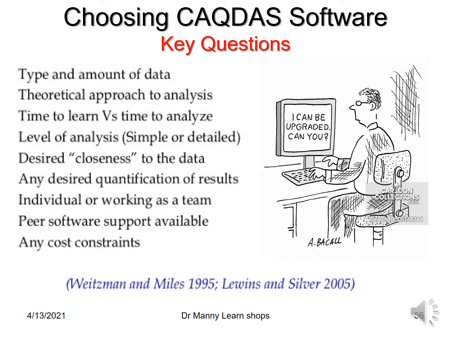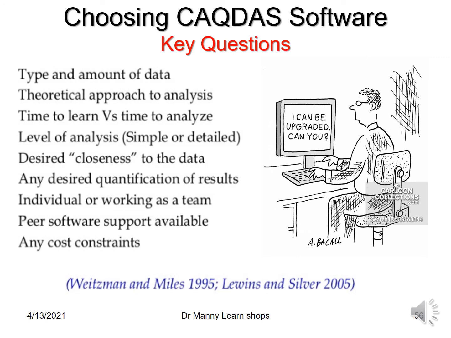What are some of the key questions that academics suggest that you use when choosing software? Key questions could be the type and amount of data that you're going to handle, the theoretical approach to analysis, the time to learn versus the time to analyse, because you have to learn about the programs. The level of analysis, is it simple or detailed?